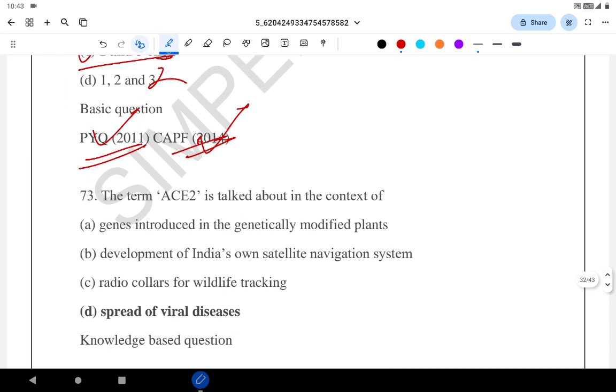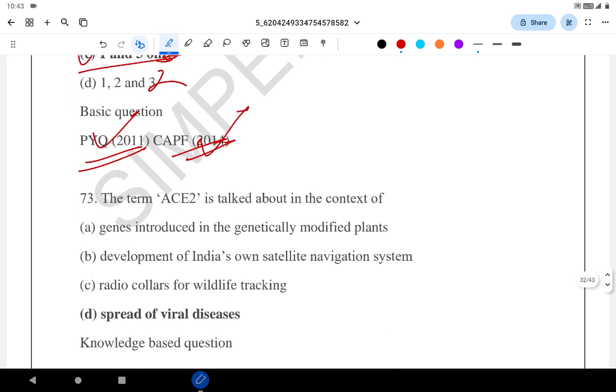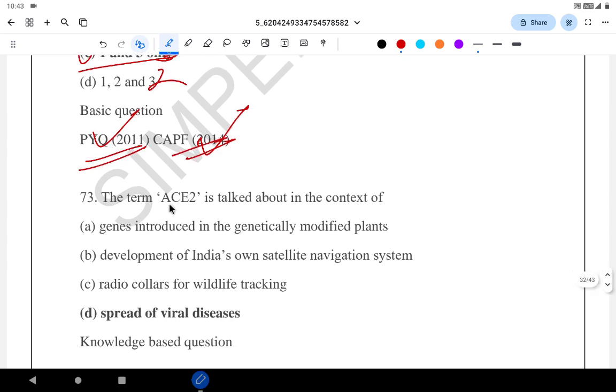The term ACE2 is talked about in the context of, see, ACE2 is an enzyme on the human cell.